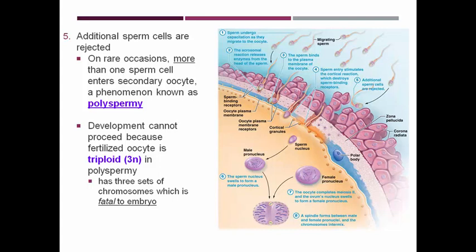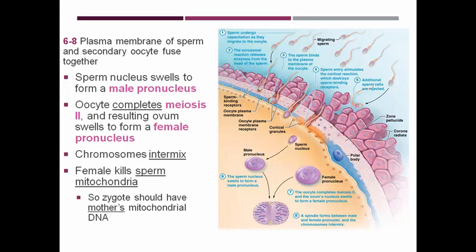The fertilized oocyte will now be triploid, or 3N in number, if it has occurred with polyspermy. So 3 sets of chromosomes is fatal to the developing embryo that would develop later on. So usually there's going to be spontaneous abortion or miscarriage of that fertilized egg. It has undergone polyspermy and does not survive.